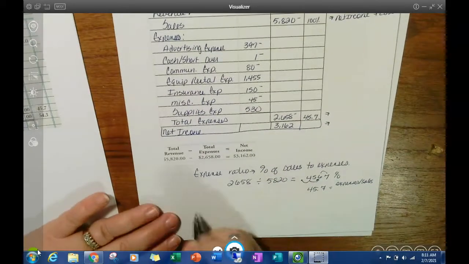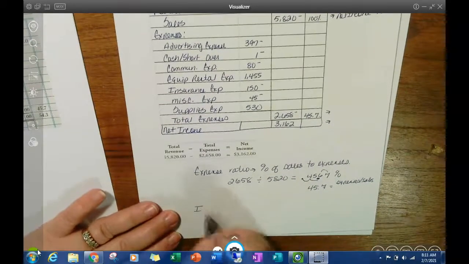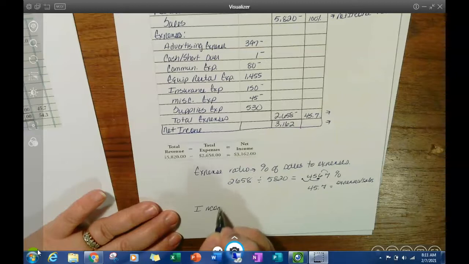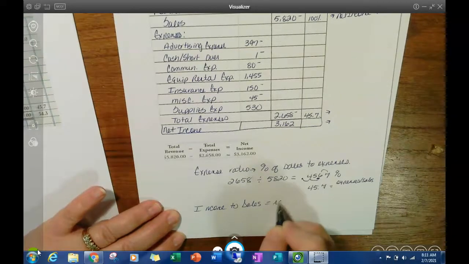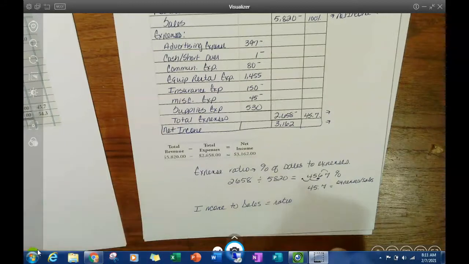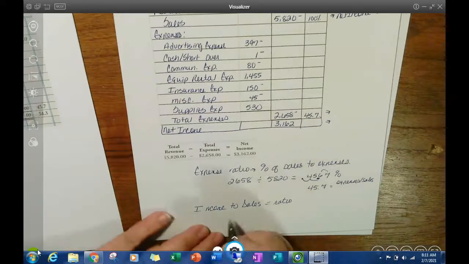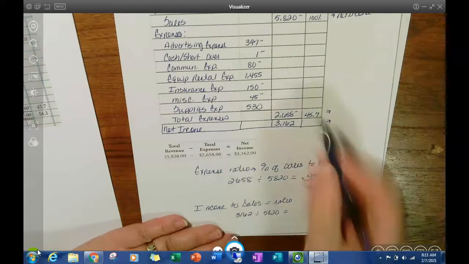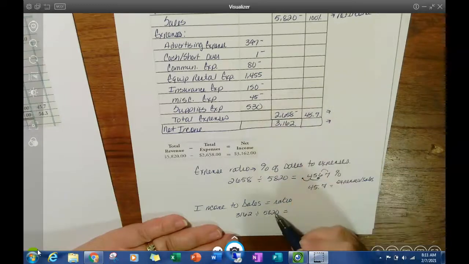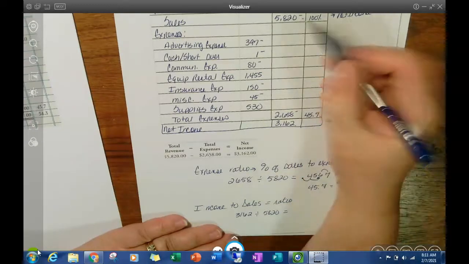Now they want to know how much income to sales. What is the income to sales ratio? So how much money did you make after your expenses to how much you sold? To do that, you take 3162, divide it by the 5820. 3162 is your net income. 5820 is your sales.